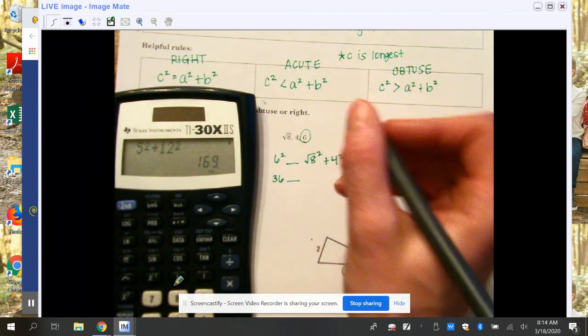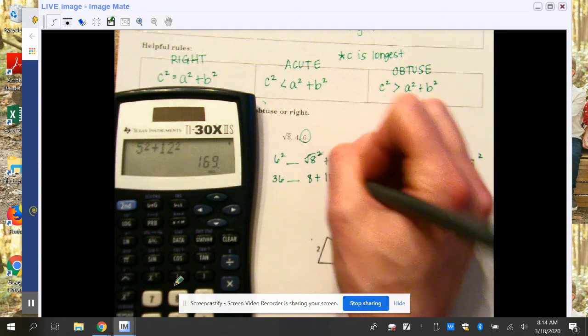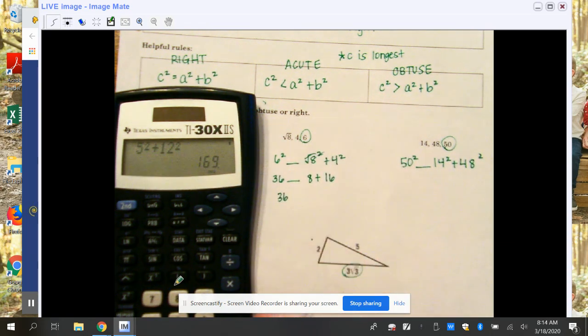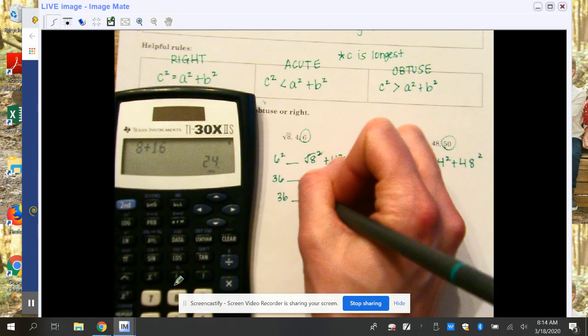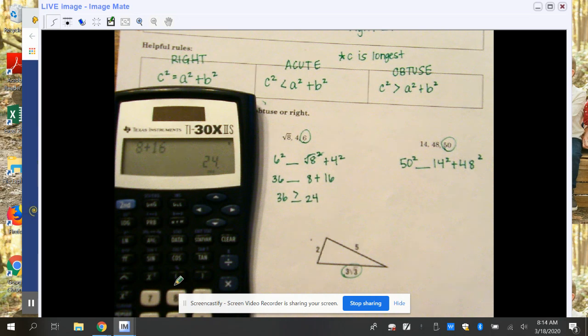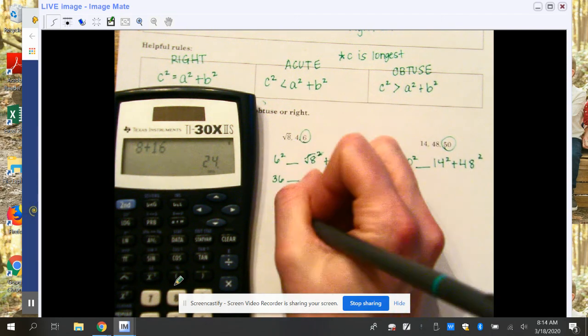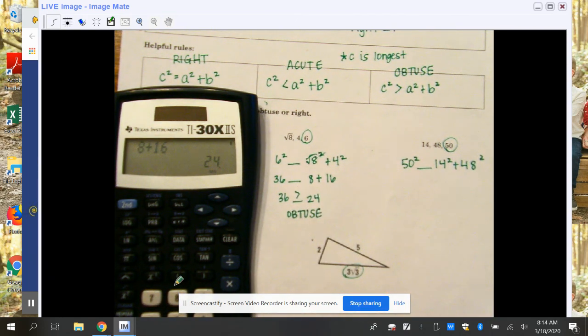So that's just going to be 8 plus 16. 8 plus 16 is 24. And then I'm going to fill in my inequality. So if c squared is greater than 24, a squared plus b squared, that means that this is an obtuse triangle. So the square of that longest side is bigger than the squares of the other ones.